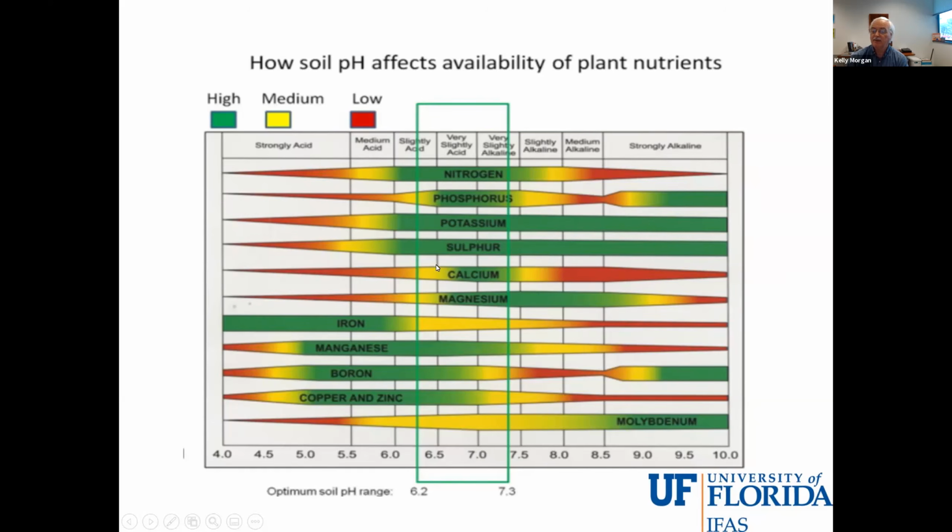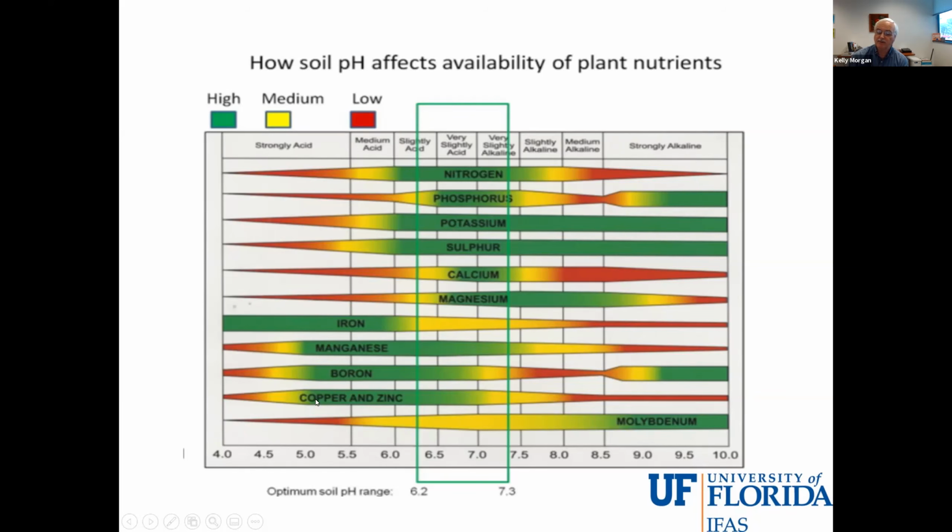That's where you want to be with your soil pH. But as you look at some of the micronutrients, iron, manganese, boron, copper, molybdenum, zinc, others, if you stay in this pH range of mid-6s to 7, you're at the tail end of their availability. They're less soluble here. They're only marginally available.